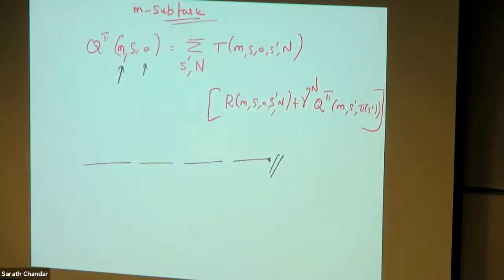Now, MaxQ decomposes this Q value into two parts. The value for that particular subtask, plus the rest, which we are going to call the completion function.